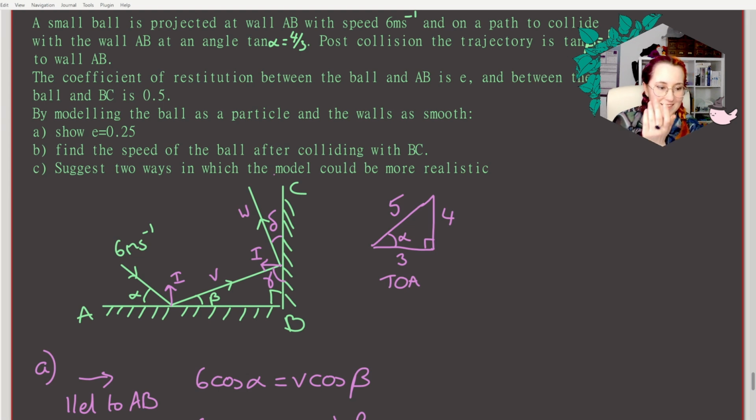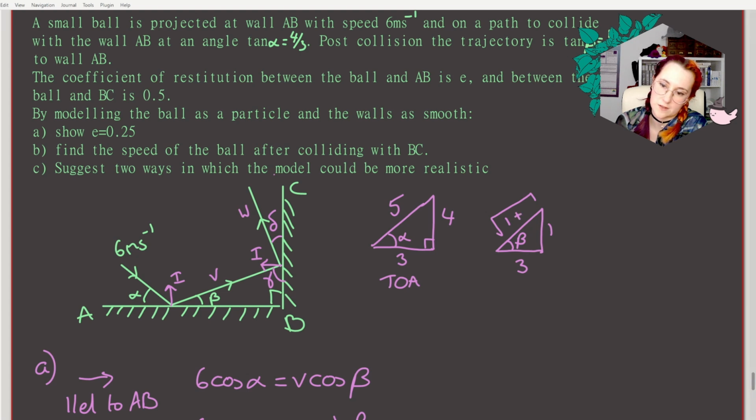It's a Pythagorean triple. Similarly for beta, this is 1, this is 3, but now I'm going to actually have to use Pythag for this, so it's the square root of 1 squared is 1 plus 3 squared is 9, so this is root 10.